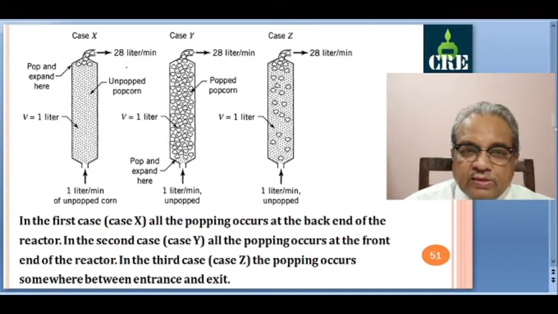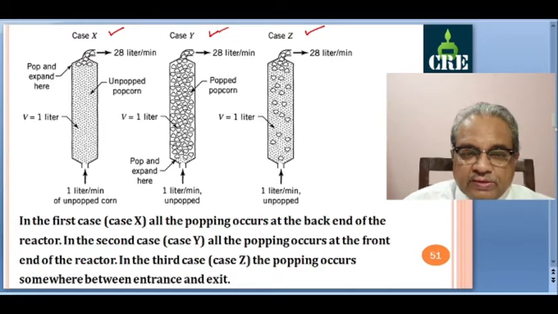Here the cases 1, 2, 3 are named X, Y and Z. We have seen one example of popcorn. The reaction was A giving 31 R, and this figure was 28, same thing. Volume is 1 liter. So 1 liter per minute of unpopped corn is fed here and it is coming out.